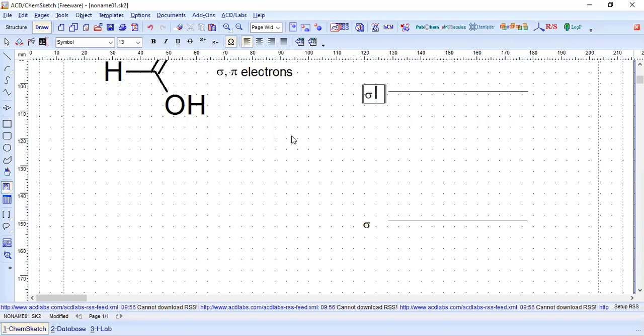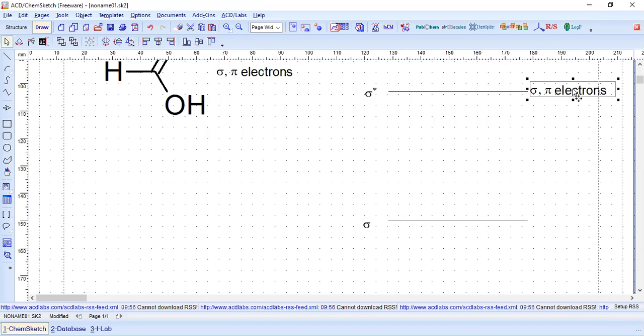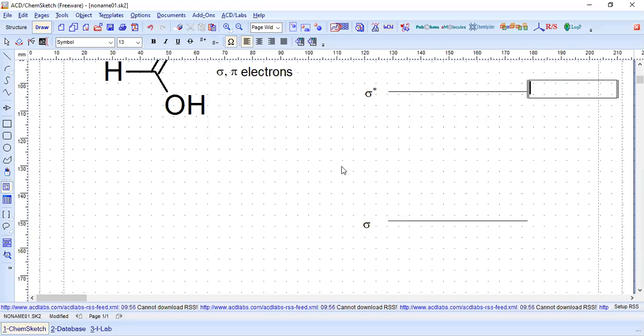Okay, we are writing star as a superscript. Sigma and sigma star. What is meant by sigma star here? This is the anti-bonding molecular orbital, ABMO, as per our MO theory, molecular orbital theory.